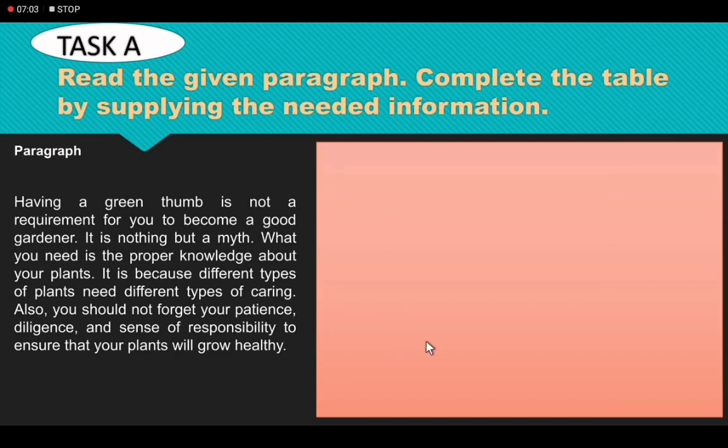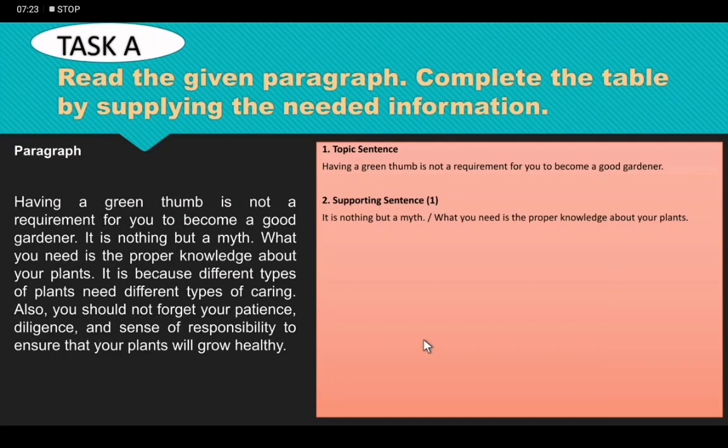Finish reading? Now, what is the topic sentence? Yes, having a green thumb is not a requirement for you to become a good gardener. What about the supporting sentence? Let's give the first supporting sentence. Yes, it is nothing but myth.